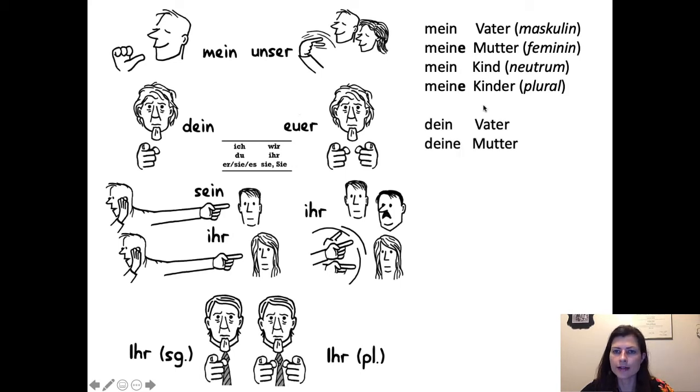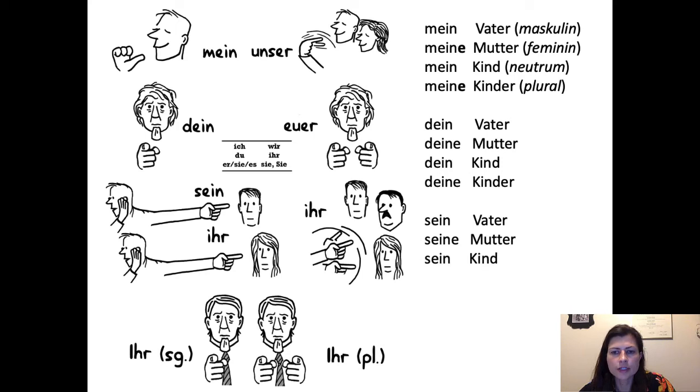Dein Vater, deine Mutter, dein Kind, deine Kinder, which would be then your father, your mother, your child, your children. And then sein Vater, seine Mutter, sein Kind, seine Kinder, his father, his mother, his child, his children.